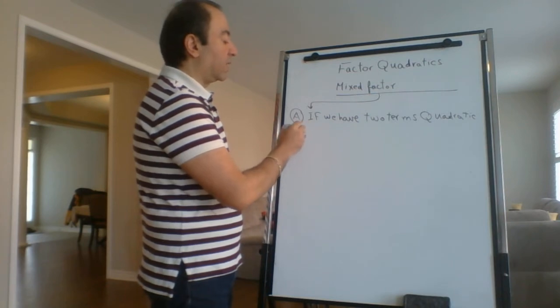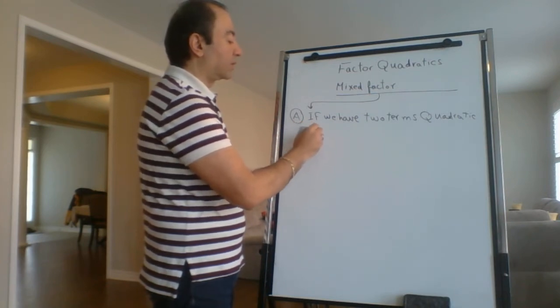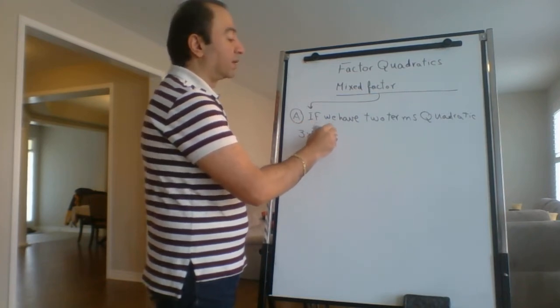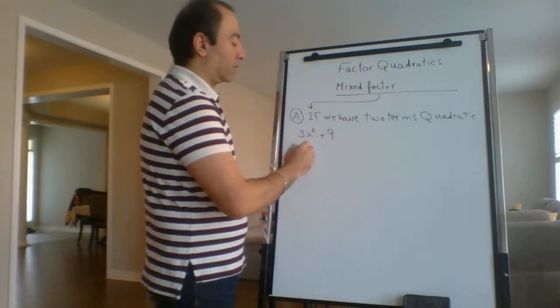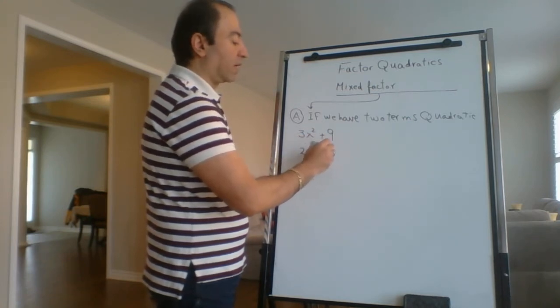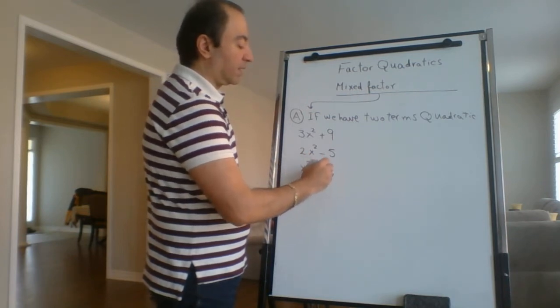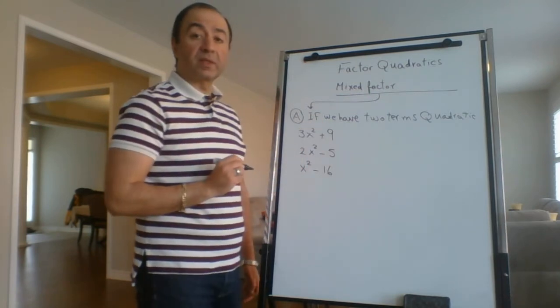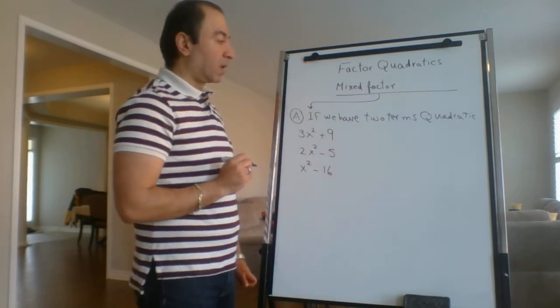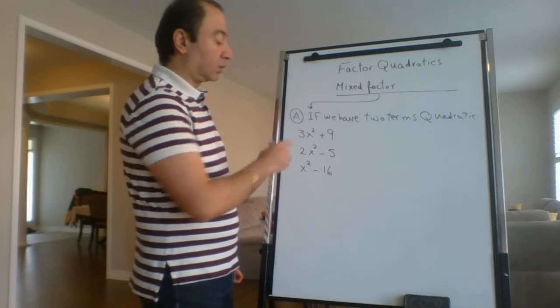Like something like 3x squared plus 9, 2x squared minus 5, x squared minus 16? All of those are two terms. So two-term quadratics.